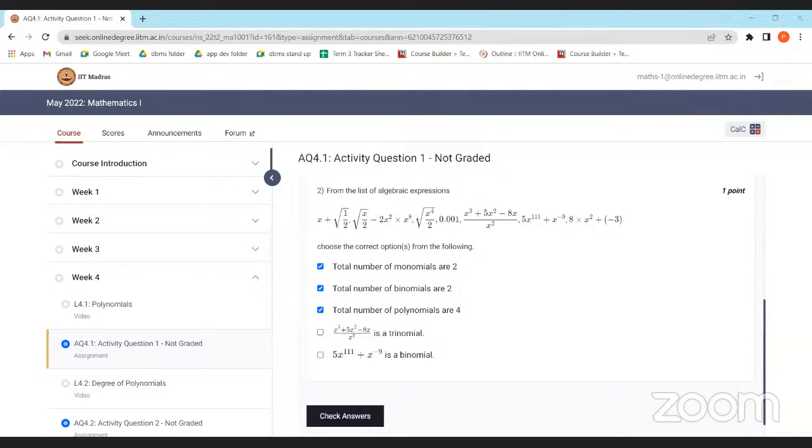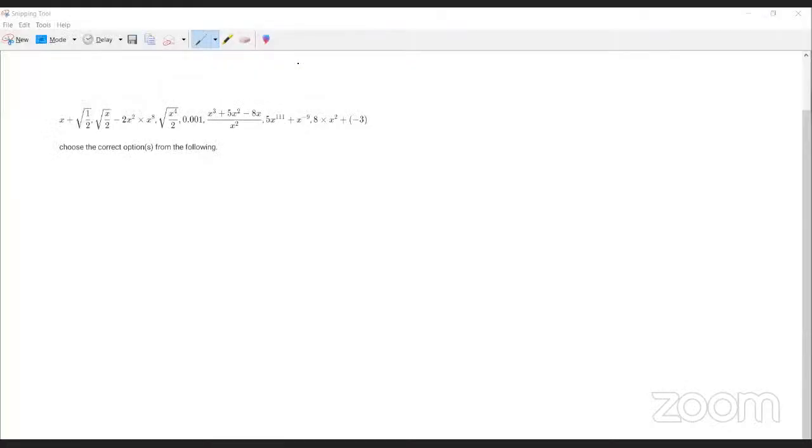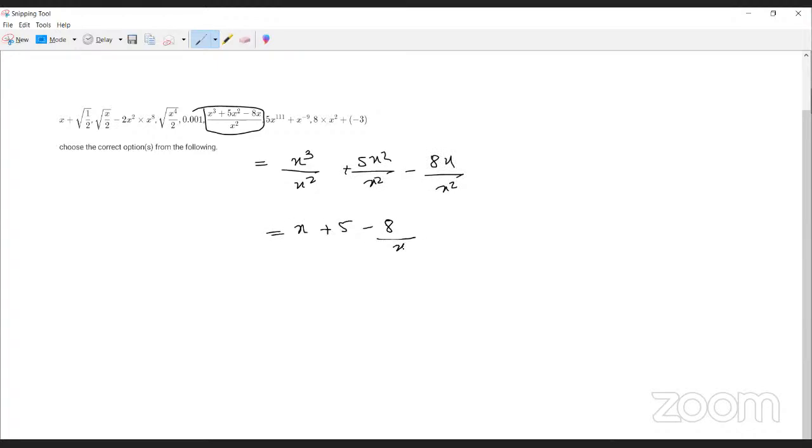Because if we divide by x square, we get x plus 5 minus 8 by x, so it would be x to the power minus 1, a fraction part.